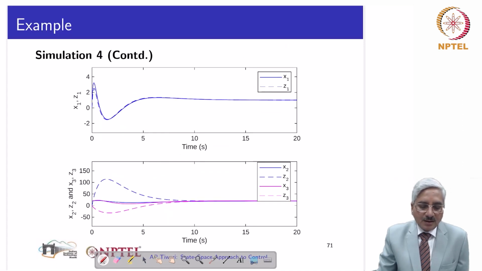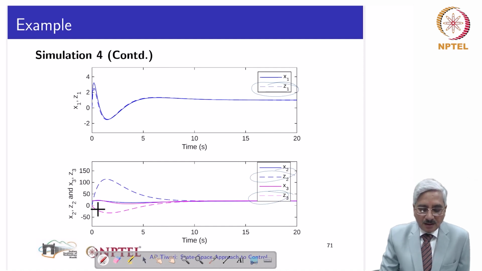And the estimated states Z1, Z2 and Z3 start tracking the actual system states after some time.